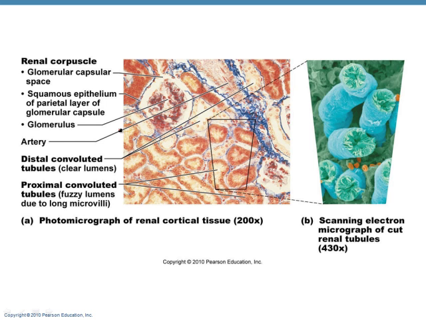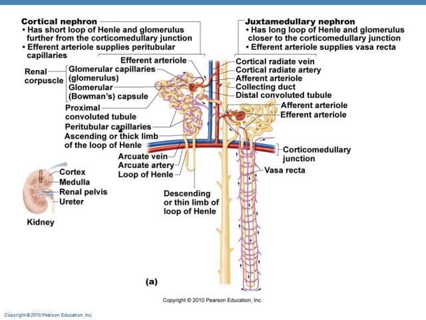These are some scanning electron micrographs of some of the cells that we're going to find in renal cortical tissue. But there are two different types of nephrons that we're going to find in your kidneys.